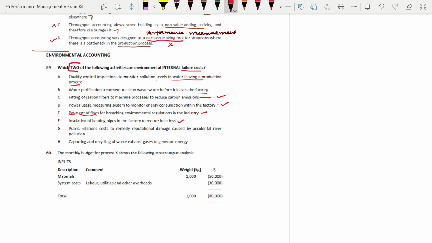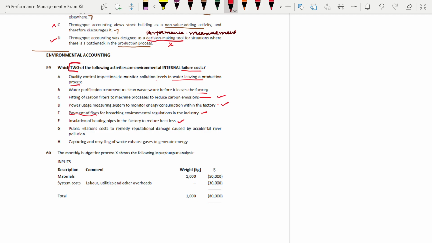Public relation cost to remedy reputational damage caused by accident, river pollution. Public relation cost is not internal.